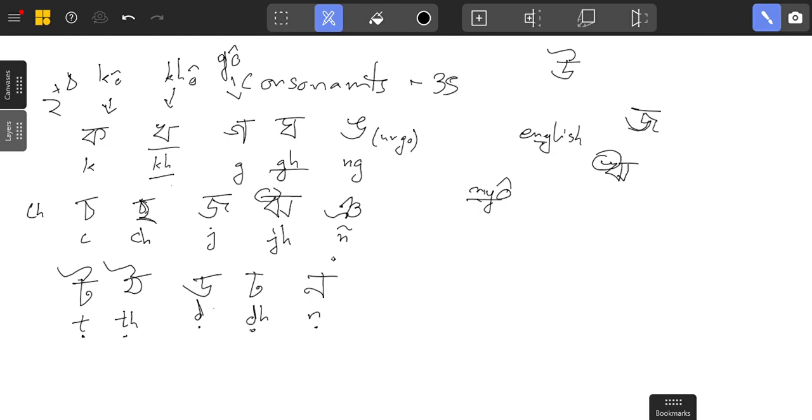And for my Hindi speaking listeners, please don't pronounce it the way you pronounce this hard N. We don't make it that hard. It's pronounced in the same part of the mouth, but not as hard. Ta, tha, da, dha, na.